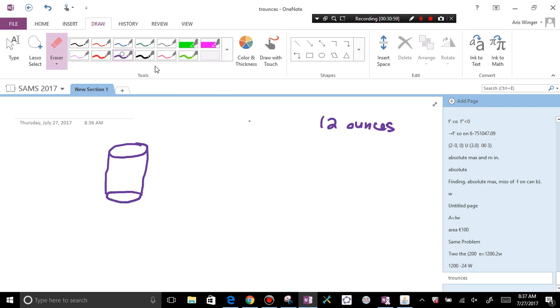We'll just make it 350. 350 centimeters cubed. What kind of unit is that? Volume. The volume must be 350 centimeters cubed.